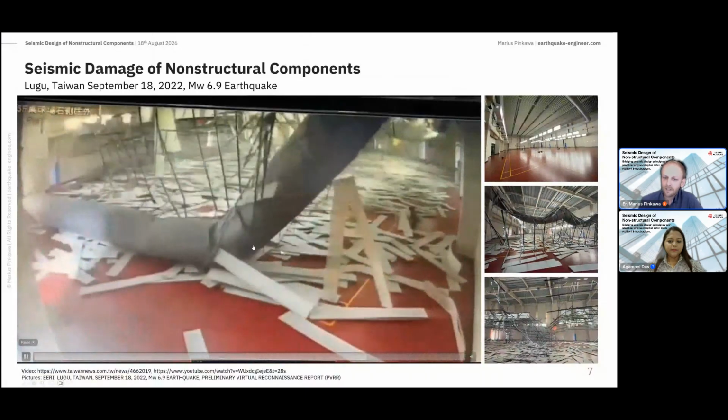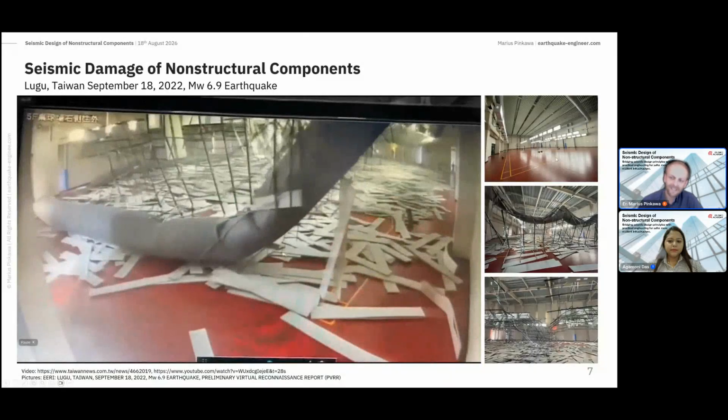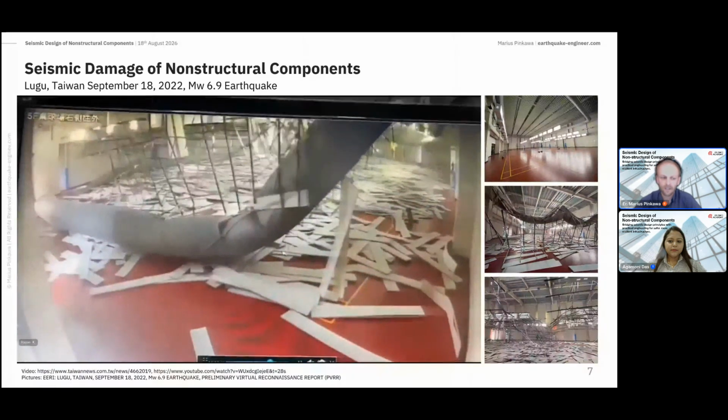And so this is obvious. You see the pictures on the right. It is obvious that this is a dangerous situation. It can injure people. And in this case, at least one person got injured. So it's obvious we need to somehow take care of the non-structural components in regard to seismic safety. It's not only the building, but also the non-structural components.